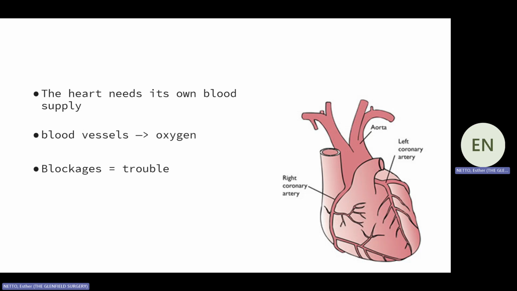But remember, the heart itself is an organ, and therefore it needs its own blood supply, and it has its own blood supply. This is one of the biggest vessels in the body, the aorta, and that's what comes off of the left ventricle in the heart.